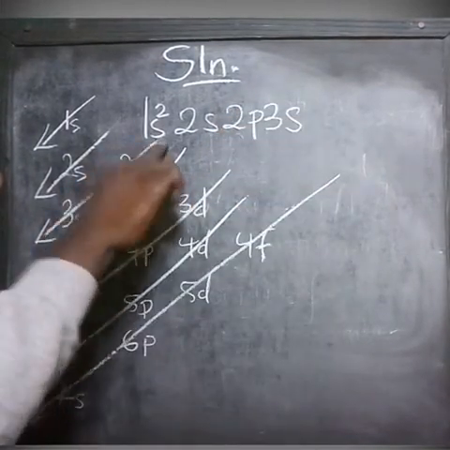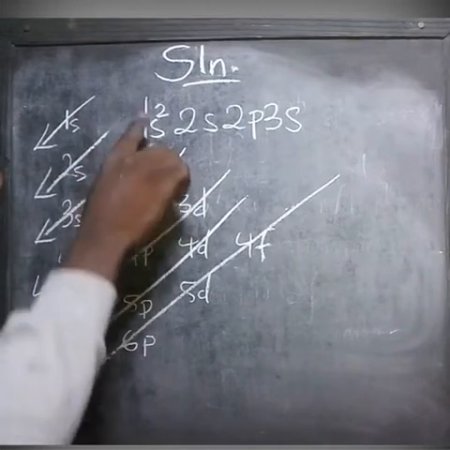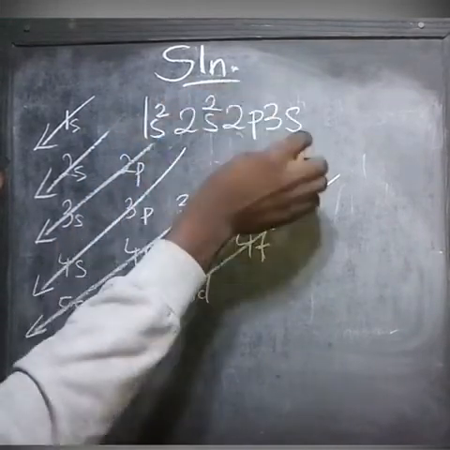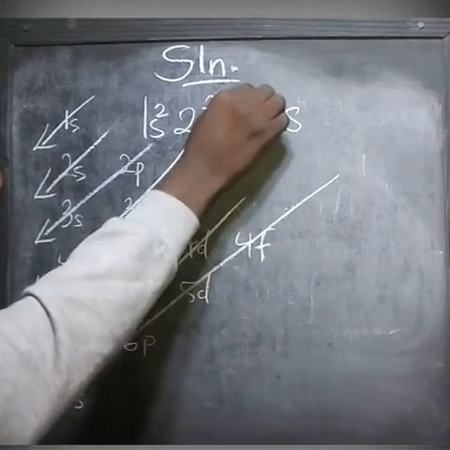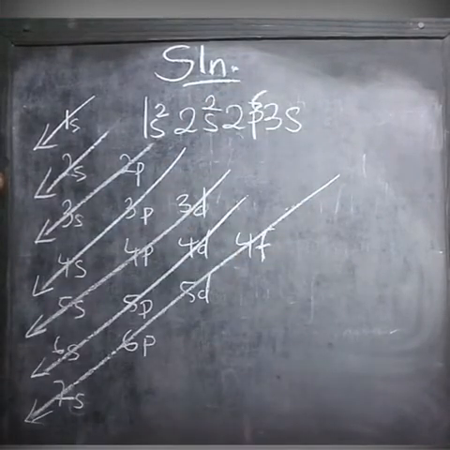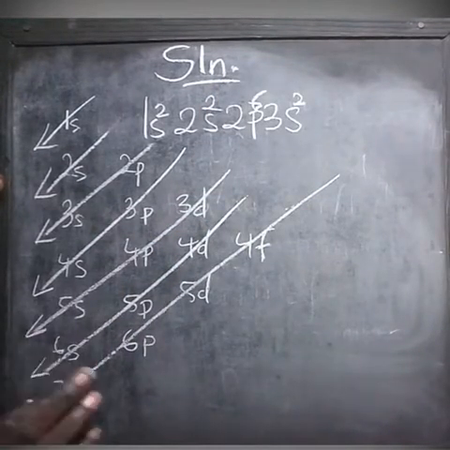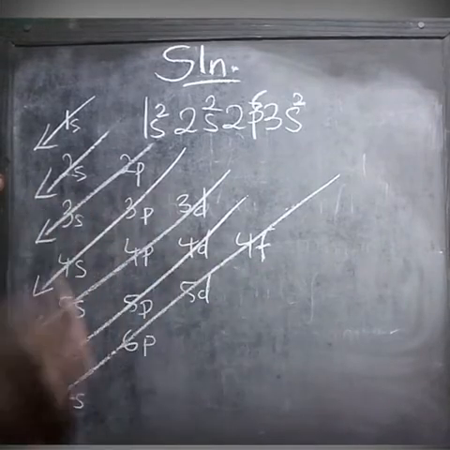Mind you, S block is always carrying 2 electrons. It will not exceed 2. So let us put 2 here again, while P is having 6, and also D occupies 10, F 14.